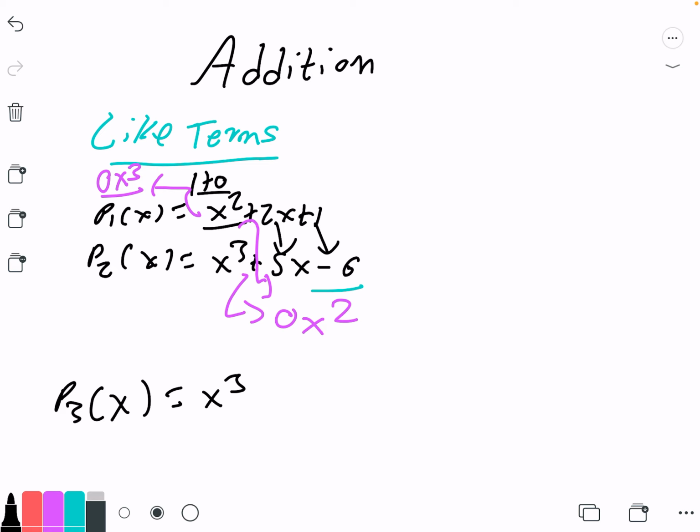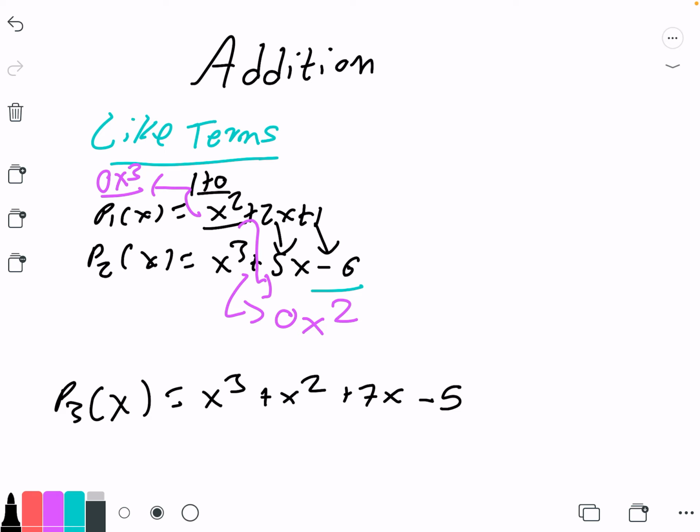Same thing here: x squared plus 0x squared is going to be x squared. For 2x plus 5x, it's just 7x. And for 1 plus -6, it's -5. And that is addition. Pretty simple, right? It's basically just the same thing as adding two normal numbers.